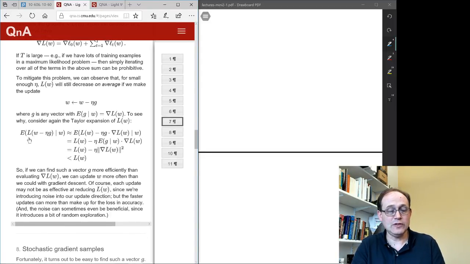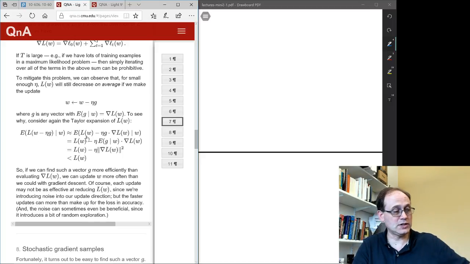So if we take W and update it to W minus eta times g, where g is our noisy gradient estimate, right? The expected value of that given W, well, we can get an approximation to that by replacing L with its Taylor approximation.